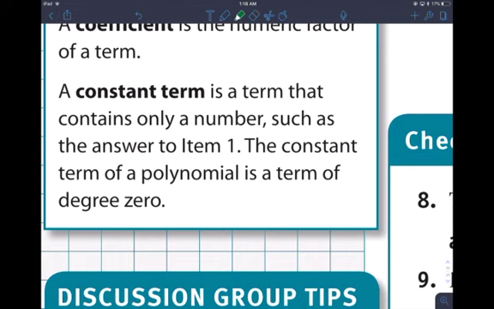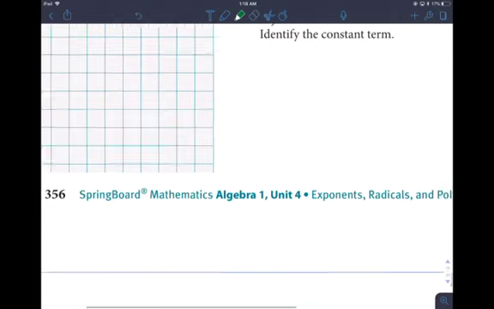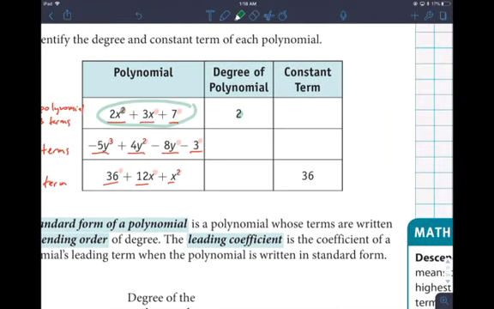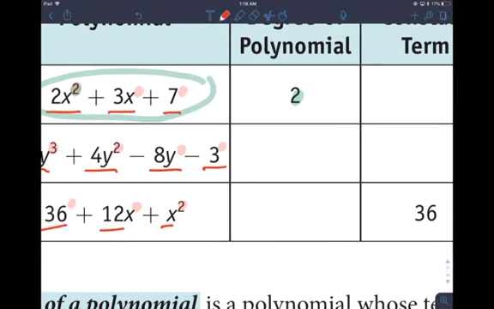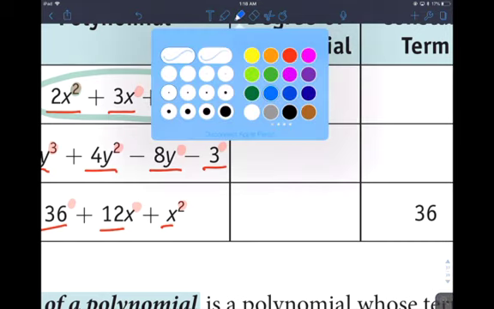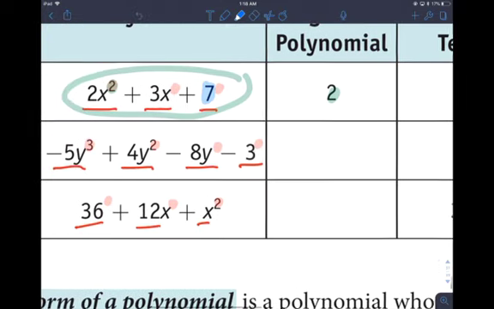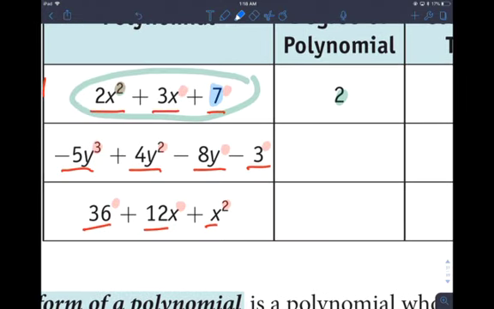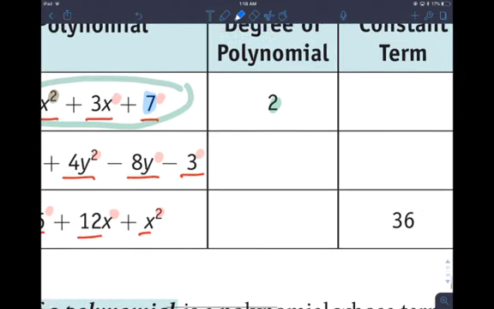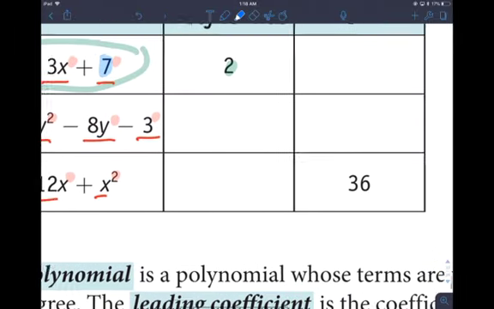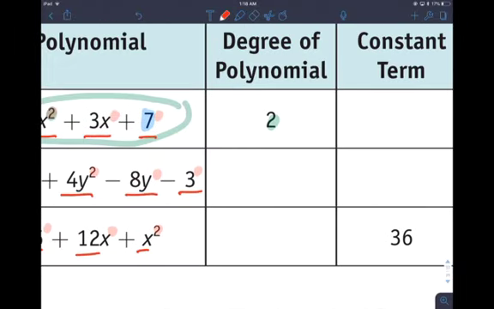So in this case, the constant term is the 7. Notice that this is the only number in this polynomial that has no variable, no letter next to it. So here the constant term would be 7.